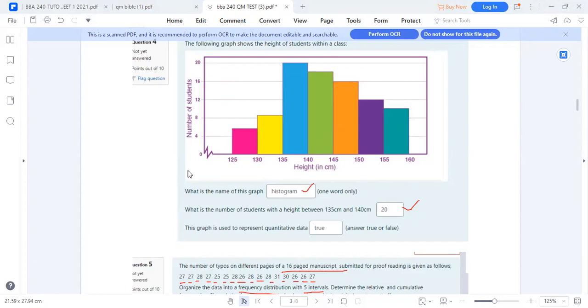Anyone can give examples? Anyone? I taught this already.